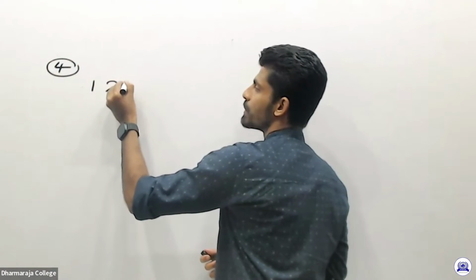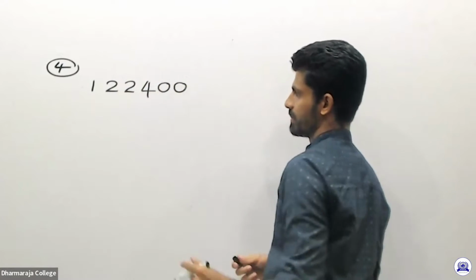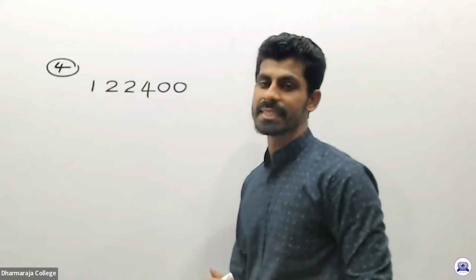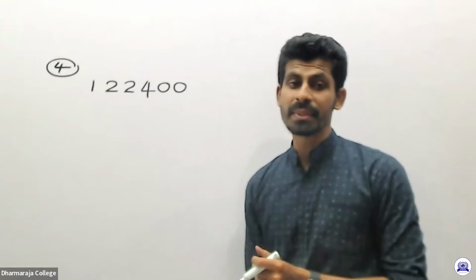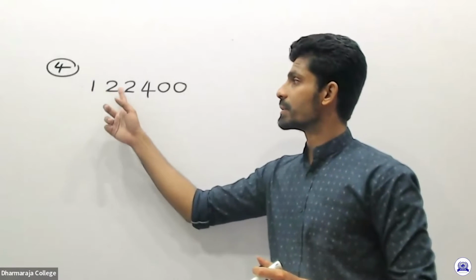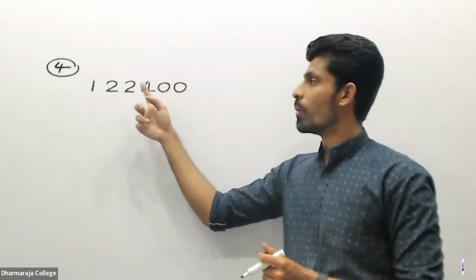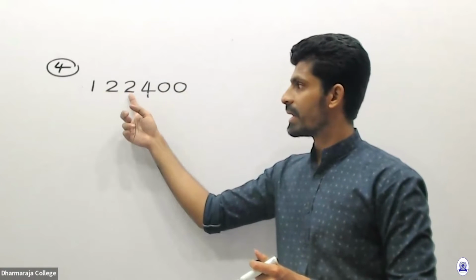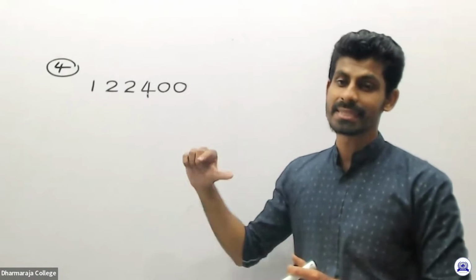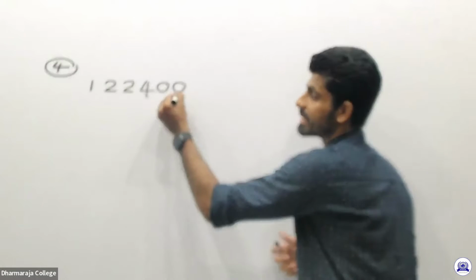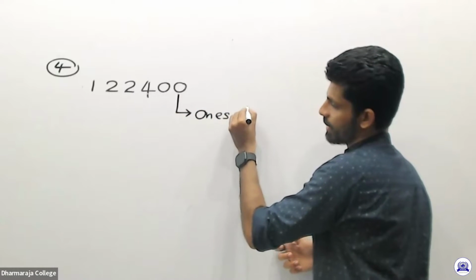1, 2, 2, 4, 0, 0. Just consider that value. How many numbers are there? 1, 2, 3, 4, 5, 6. Six numbers are there. You know this one, what is the place? Ones place.